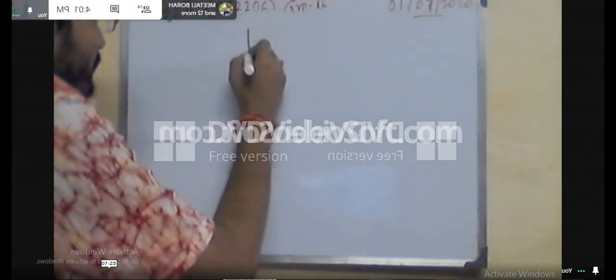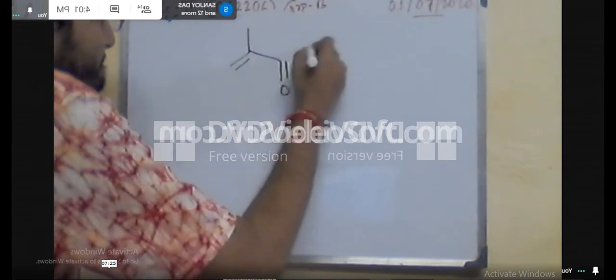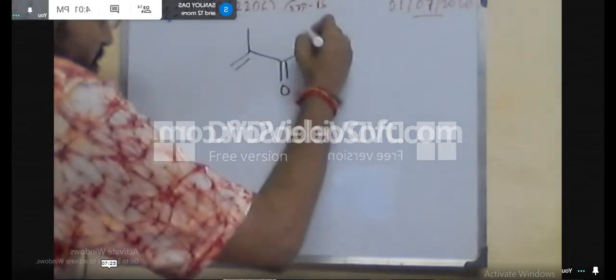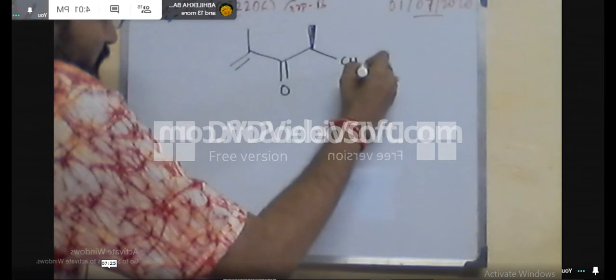So here in this case, you can see this is the chiral center. That means the back substituent is the hydrogen. So if this is the chiral center, I have written it this way. That means this is basically phosphorus. So that's why I have written it in the first bracket.